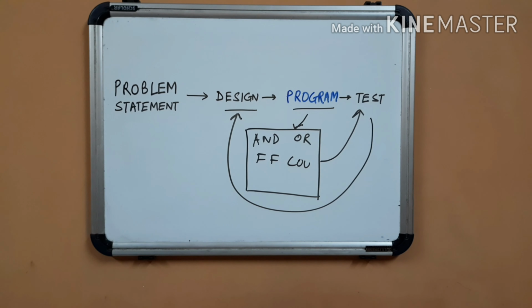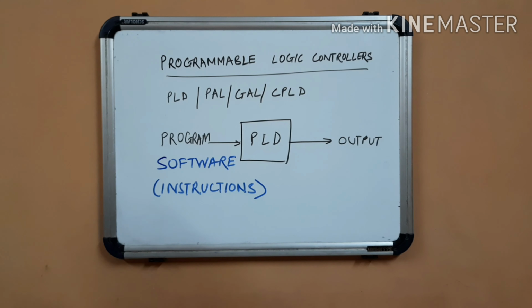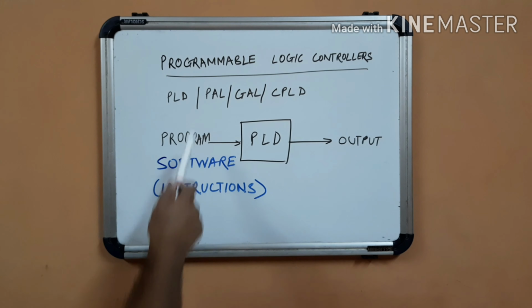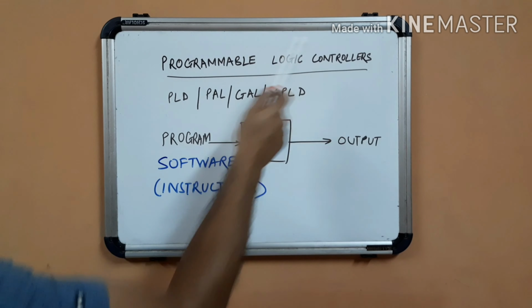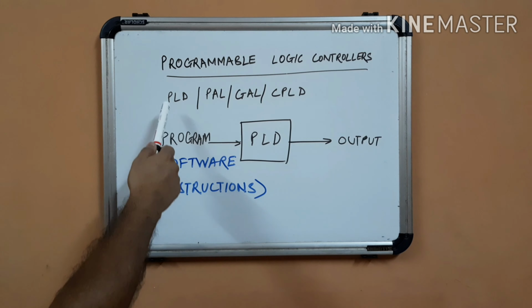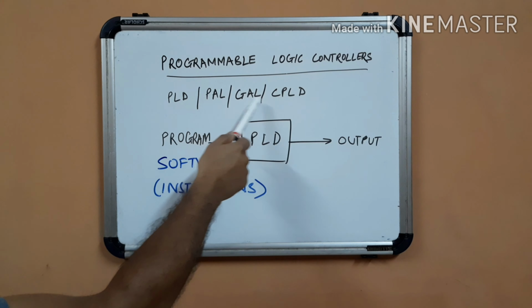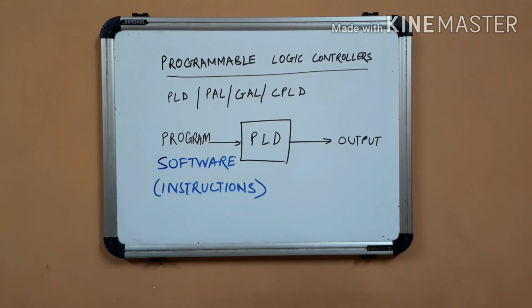The advantage here is that there is no need to physically assemble the ICs or wires on the breadboard. Here we just need to change the program. This has given rise to the programmable logic devices. They are called a PLD or a PAL or a GAL or a CPLD, a complex PLD.